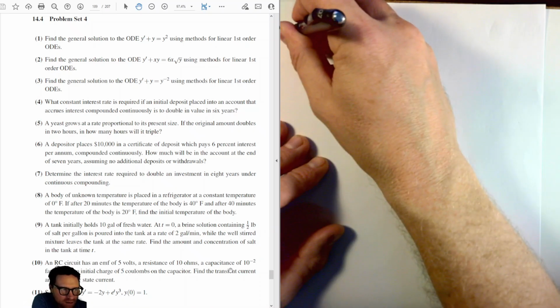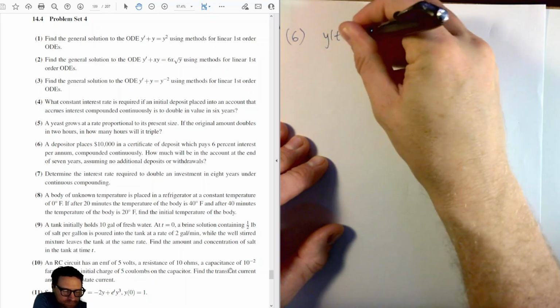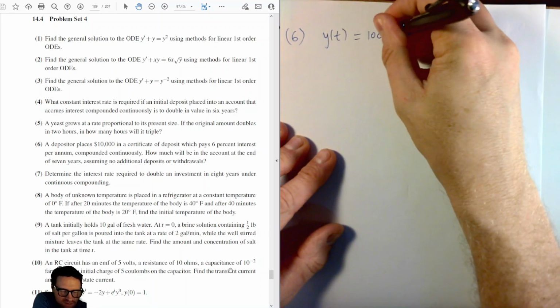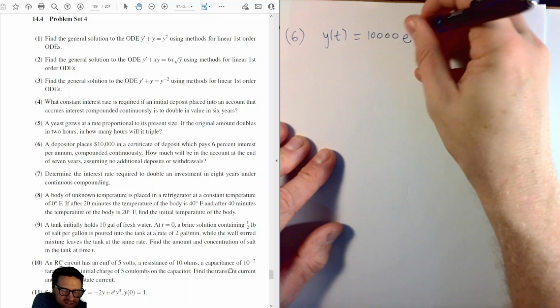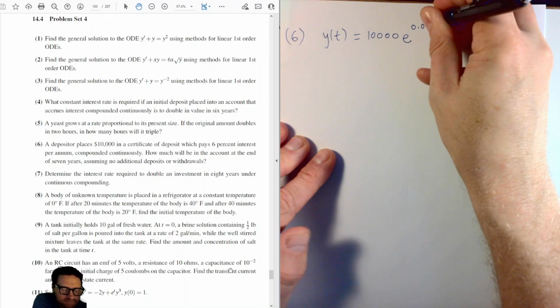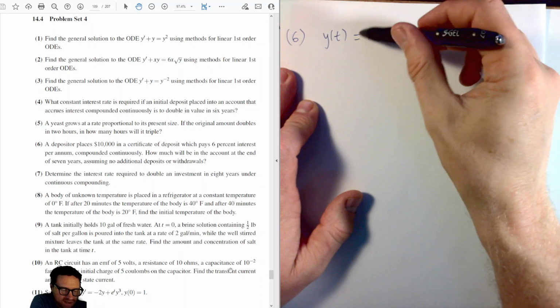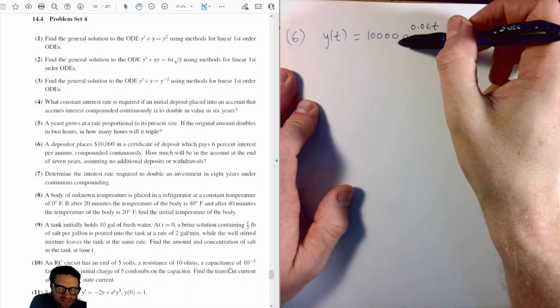So what we have here is y of t is 10,000 e to the power of 0.06 t. Right, having solved that equation, now this is y of 0, that's the initial deposit.